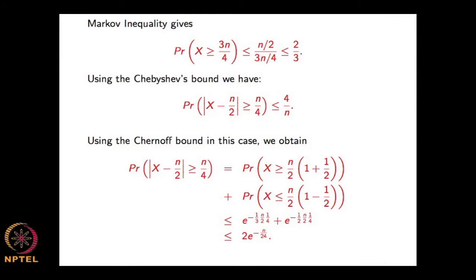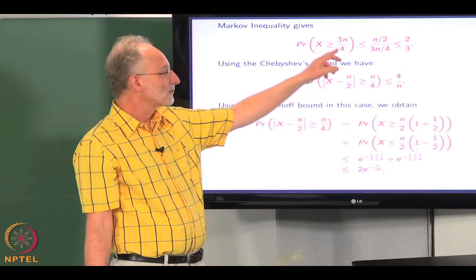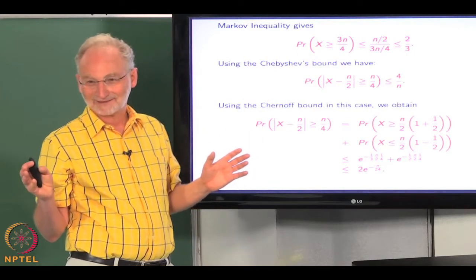So now let's do this comparison between the 3 bounds. In order to get any strong results with a weak bound, we have to ask a much weaker question. So let's ask, what's the probability that when I flip a coin n times, I get 3/4 n heads? That's really unlikely.